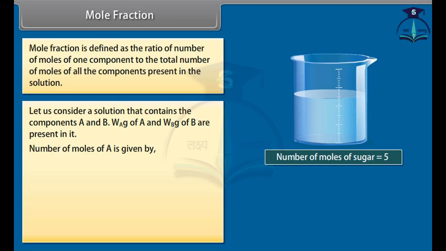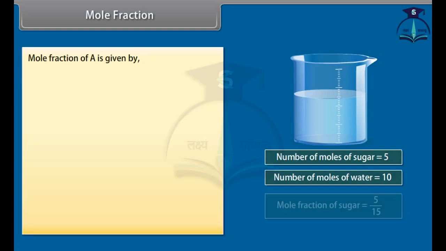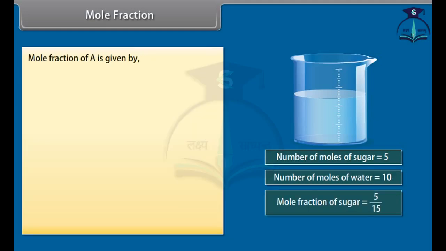Number of moles of A is given by WA upon MA. Number of moles of B is given by WB upon MB. Total number of moles of A and B is equal to NA plus NB. Mole fraction of A is given by NA divided by NA plus NB.